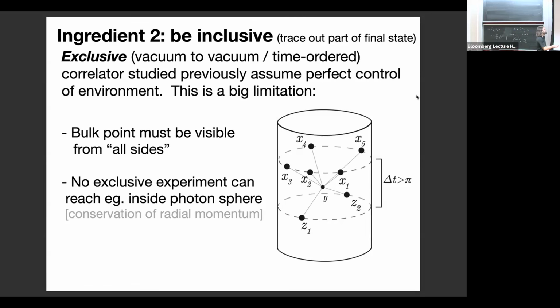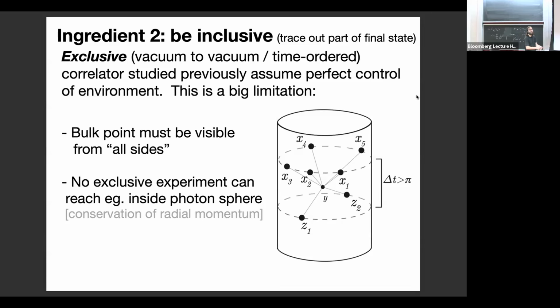Another situation that's an issue is if you imagine a spherical Schwarzschild black hole inside of the bulk, it would be some smaller cylinder inside the big one. As soon as you go inside the photon sphere, all the radial momenta have to be incoming, and therefore by momentum conservation, you can't recover everything.